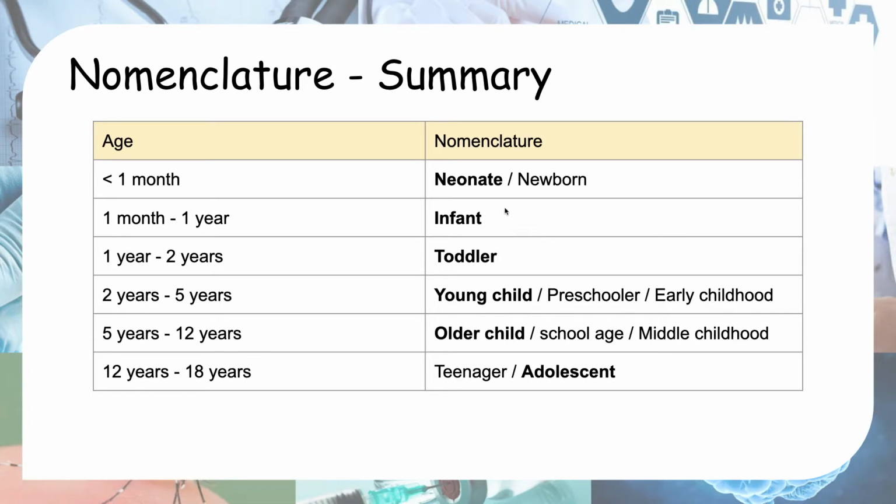So less than 1 month is neonate, 1 month to 1 year is infant, 1 year to 2 years is toddler, 2 years to 5 years is young child, also meaning preschooler or early childhood. 5 years to 12 years is older child or school age or middle childhood. It's easier for me to remember young child than older child. And then 12 years to 18 years is teenager or adolescent.